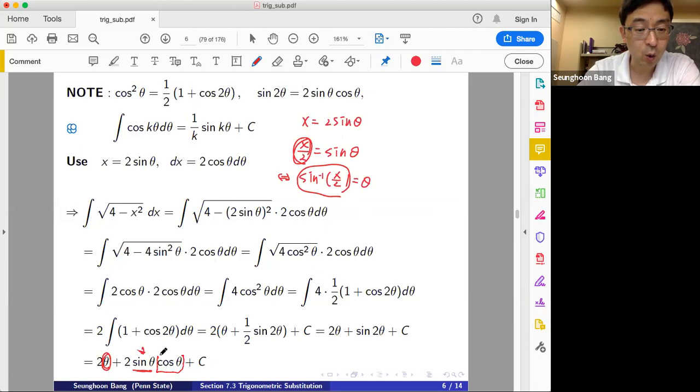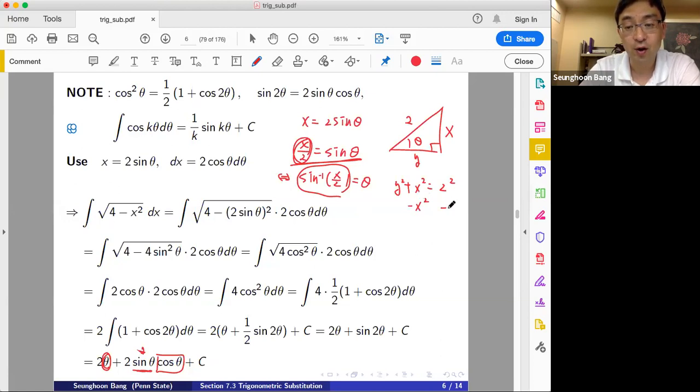How can you find cosine theta? The best way is to draw a right triangle. Sine theta is x over 2, which is opposite over hypotenuse. You need to find the adjacent side, call it y. You can use the Pythagorean theorem: y squared plus x squared equals 2 squared.